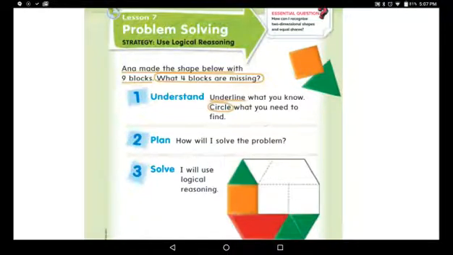Our lesson today will be also about shapes. Do you still remember the two-dimensional shapes you learned? They were circles, squares, triangles, trapezoids, rectangles, and more shapes.